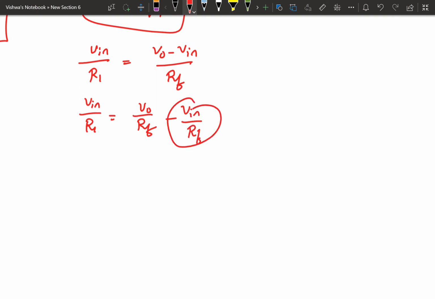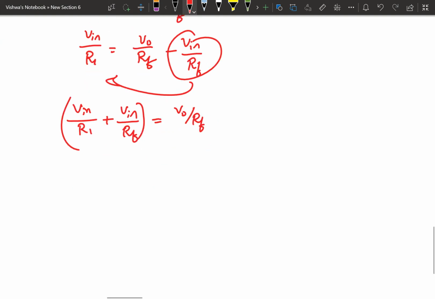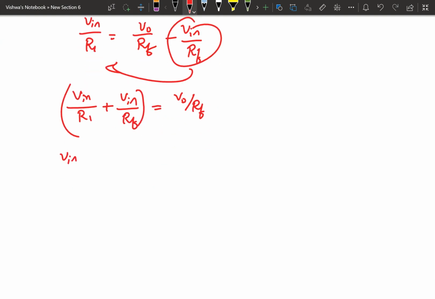Bring this term to the right hand side, then it becomes V in by R1 plus V in by RF is equal to V out by RF. V in is common, so V in times (1 by R1 plus 1 by RF) is equal to V out by RF.